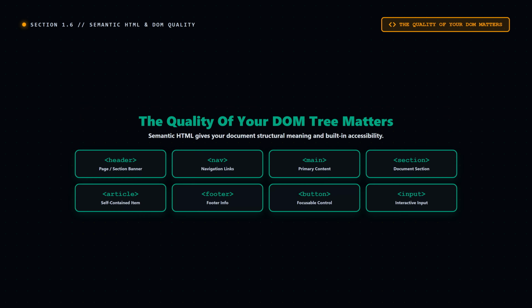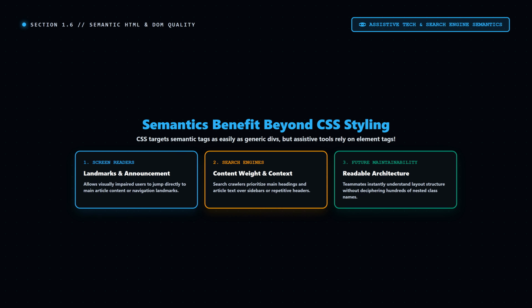Since CSS works with the DOM, the quality of your DOM matters. Semantic HTML, using elements like header, nav, main, section, article, footer, button, input, gives your document structure and meaning. CSS can target these just as easily as div elements, but the benefit goes beyond styling. Screen readers, search engines, and other tools rely on semantics to understand your content.